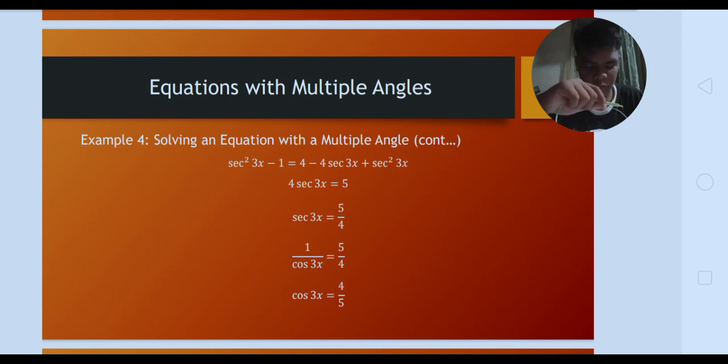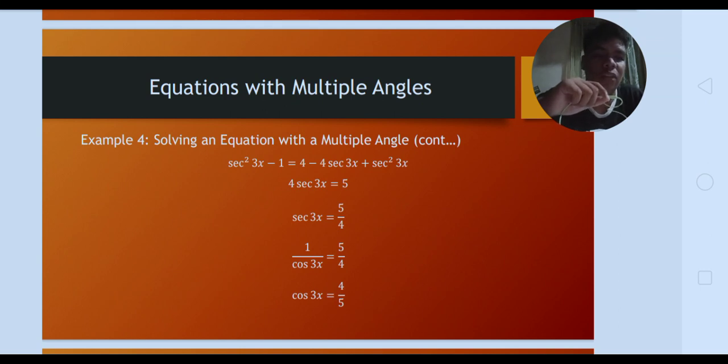And then we take sec theta, which is equal to 1 over cos theta, meaning 1 over cos 3x equals 5 over 4. And then we use the reciprocal, and cos 3x is equal to 4 over 5.